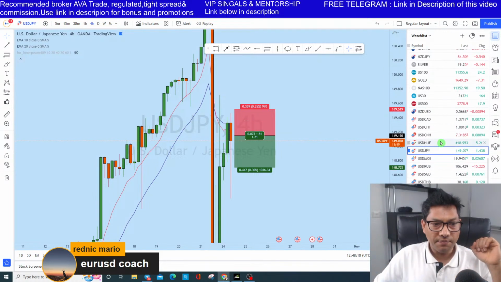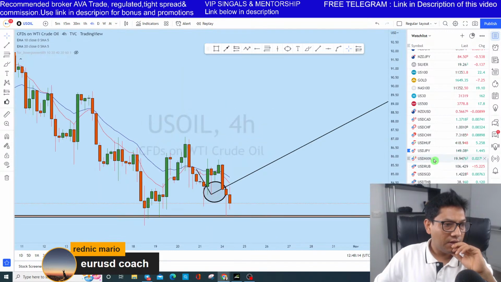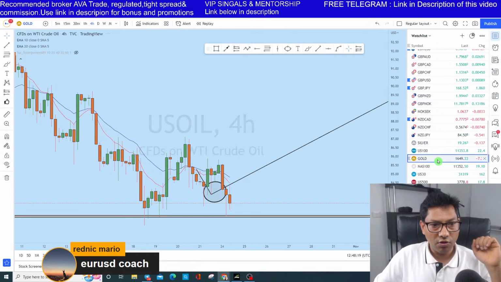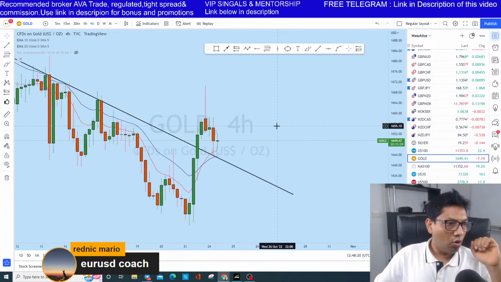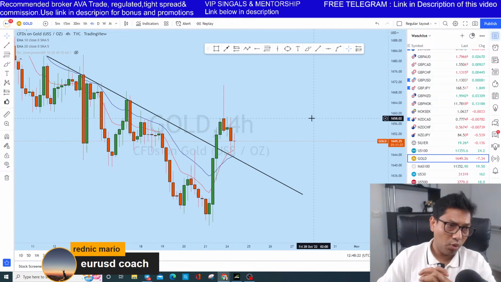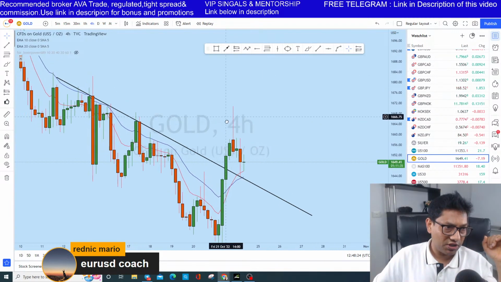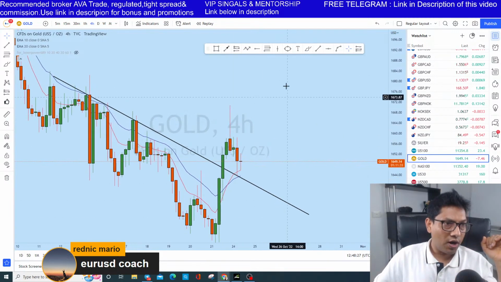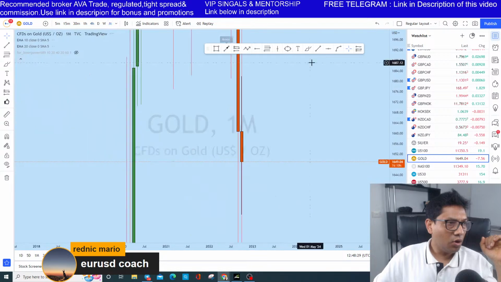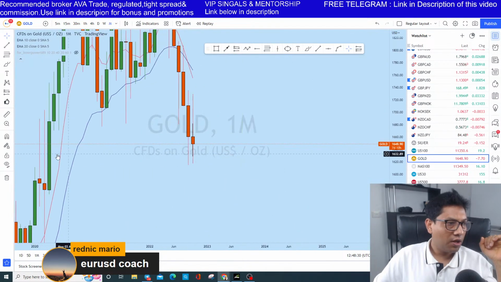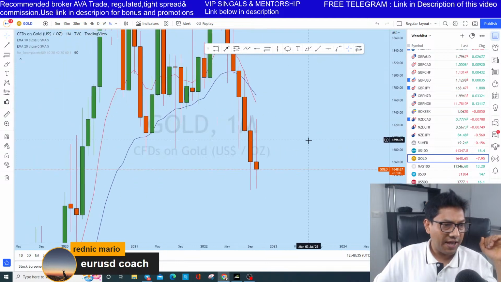Let's see what happened. So let's look now at some of the pairs. US oil. Okay, let's look at first of all gold again. Now gold is still not giving me any bullish setup. It's retracing here. Looking first at the monthly on gold, gold really is still not sure which way it's heading.